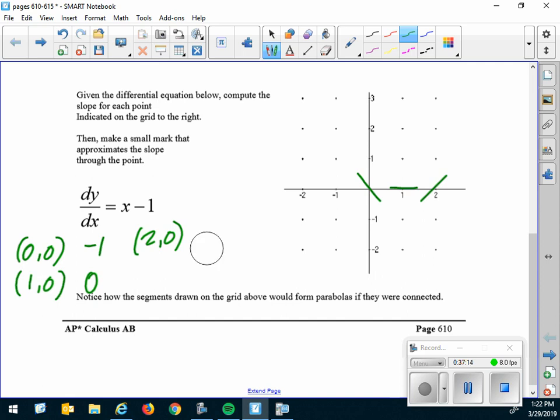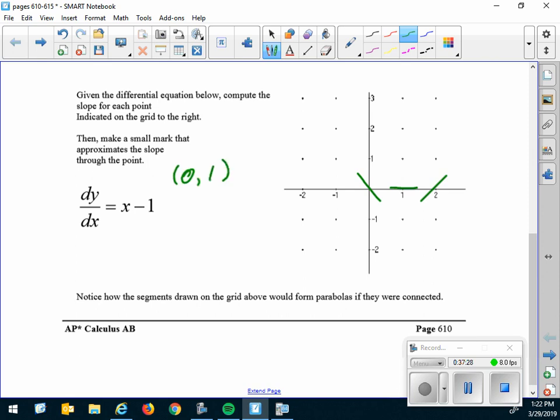So let's see, can you do these in your head? 0, 1. What's the slope at 0, 1? -1. 0, 2.